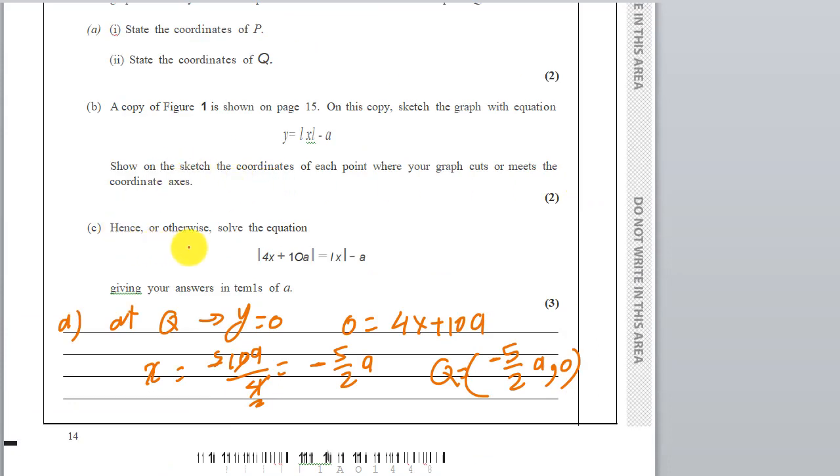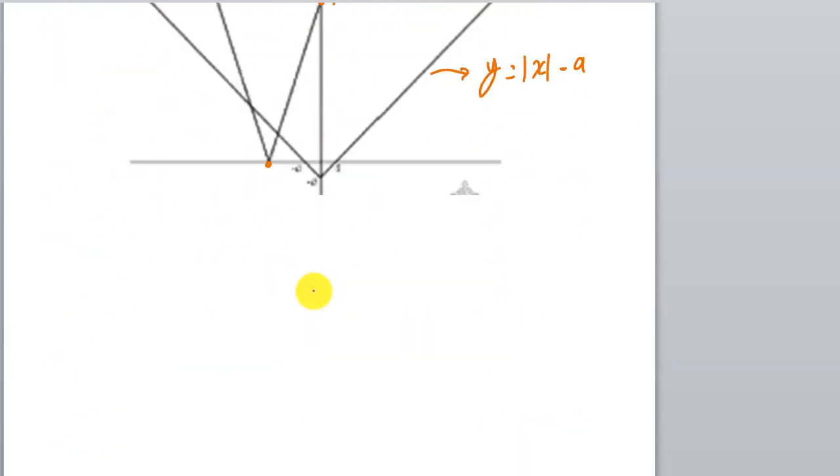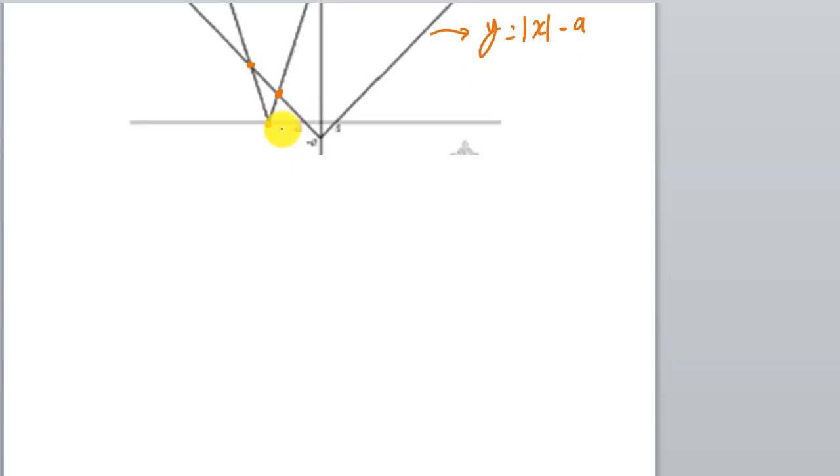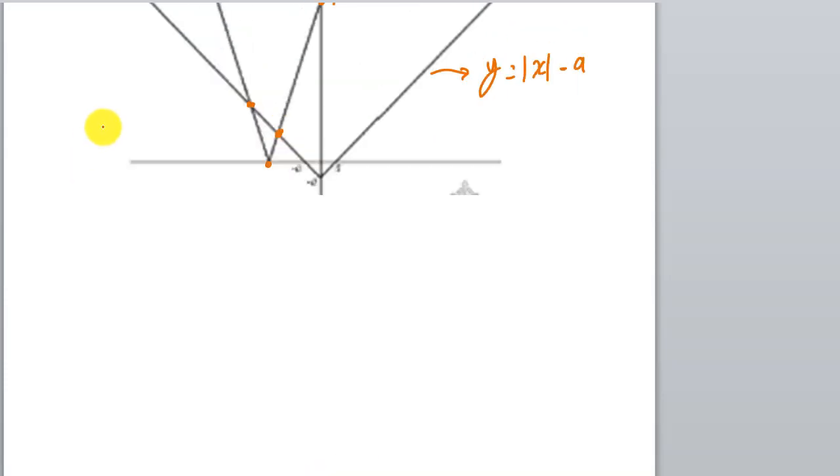Now, hence, or otherwise, solve the equation 4x plus 10a equal to absolute x minus a, giving your answer in terms of a. So actually, you need these 2 points here, this one, this one. You need the coordinates of this point.